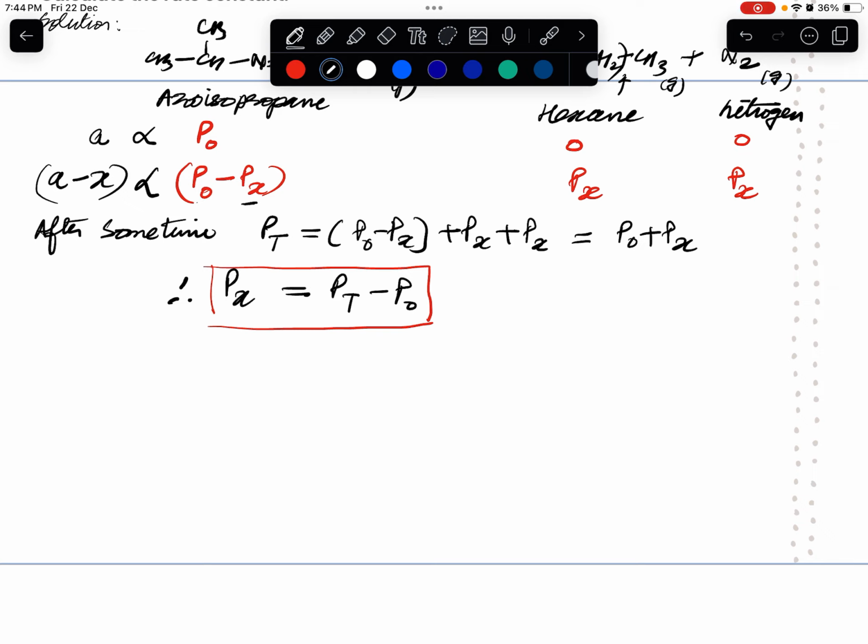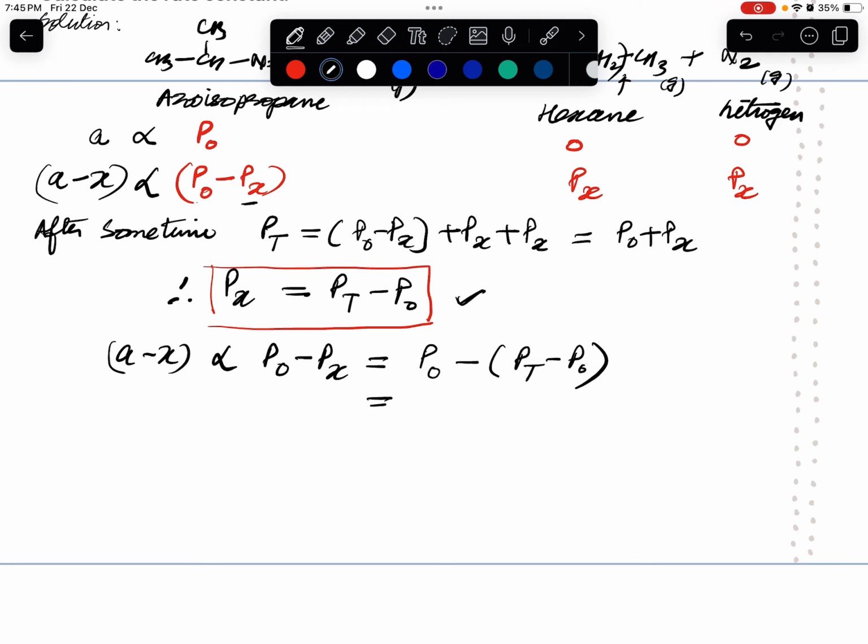Therefore we will convert it in terms of those pressures which are known to us. Therefore A minus X, which is synonymous to P naught minus Px, can be written as, we will put down the value of Px here from this equation. So it is P naught minus (P total minus P naught).